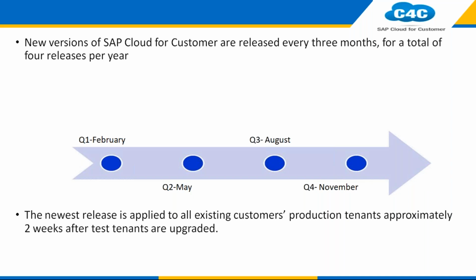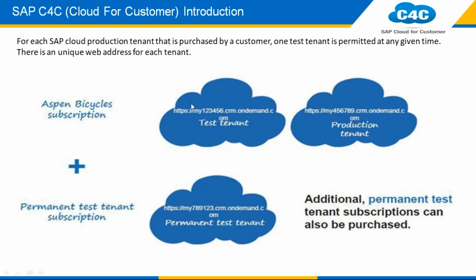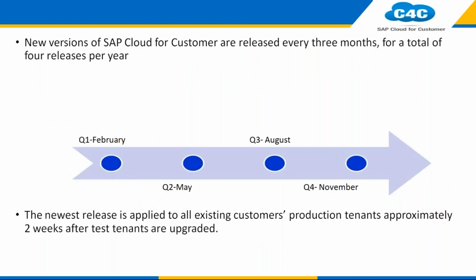Now what is happening when an upgrade happens? First, SAP will upgrade the test tenant. This URL is called a tenant. What we call a server in on-premise is called a tenant in C4C or cloud nomenclature. So the test tenant gets upgraded first. SAP will tell the client that you can test your functionality within the system.